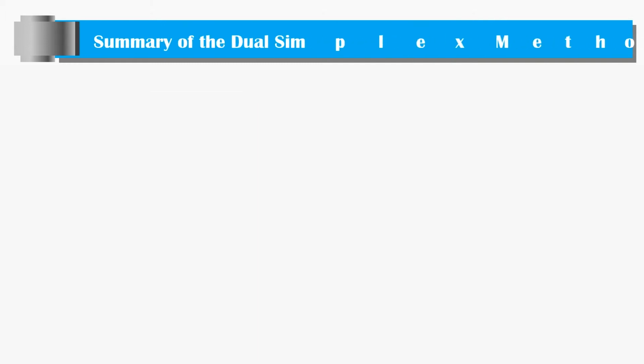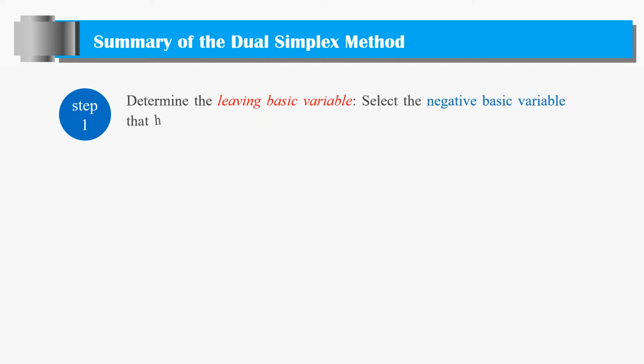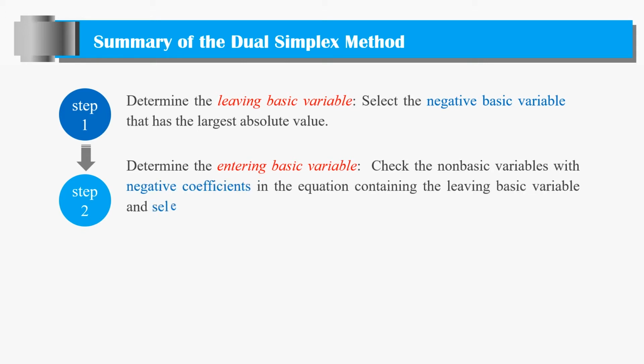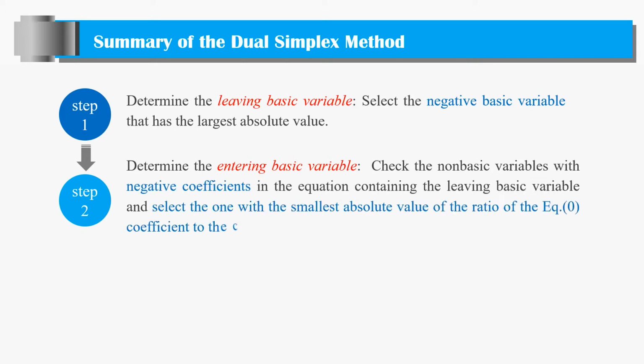The iteration also contains 3 steps. Step 1, determine the leaving basic variable. Select the negative basic variable that has the largest absolute value. Step 2, determine the entering basic variable. Check the non-basic variables with negative coefficients in the equation containing the leaving basic variable and select the one with the smallest absolute value of the ratio of the equation 0 coefficient to the coefficient in that equation.